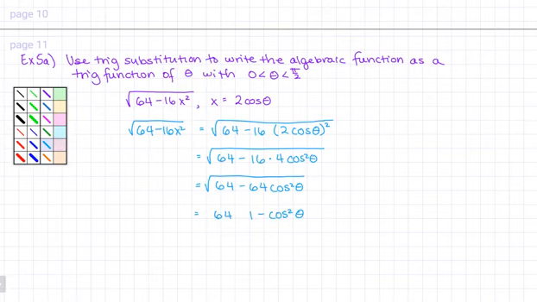Now since everything was in a radical, I'm going to have both of those factors still in a radical. What can I do with that 1 minus cosine squared theta? It does, you are right. And lo and behold, I can take the square root of both of these, and I just get 8 sine theta. And they did tell us theta's in quadrant 1, so we know to keep everything positive.